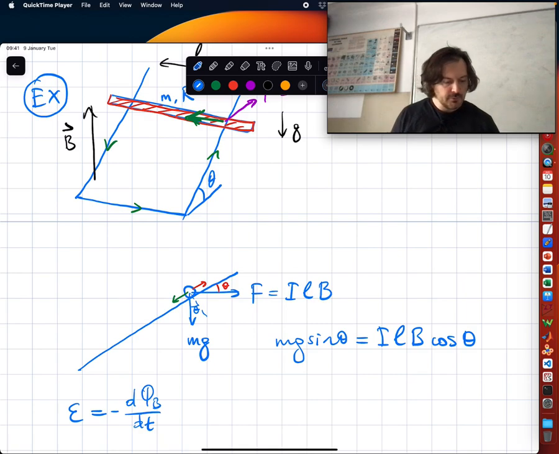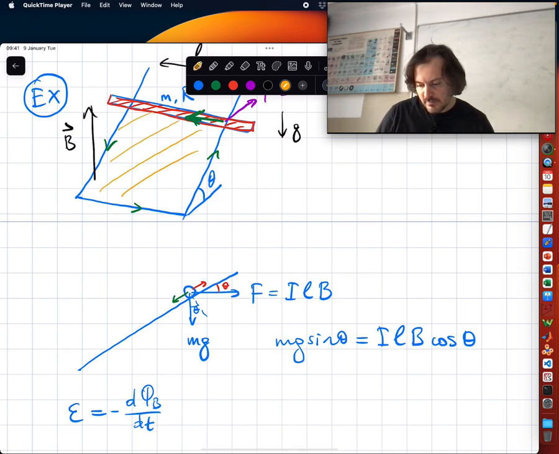Negative sign doesn't hurt here. So it is decreasing. Why is it decreasing? Because the area is decreasing, right? But notice that the magnetic field is not actually perpendicular to that area. There is an angle in between, right?